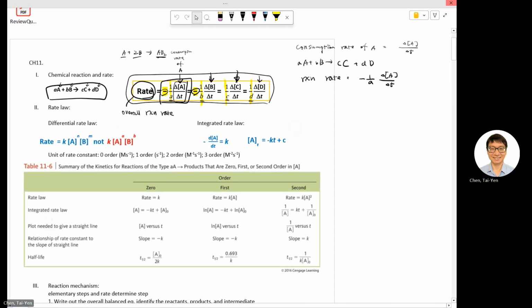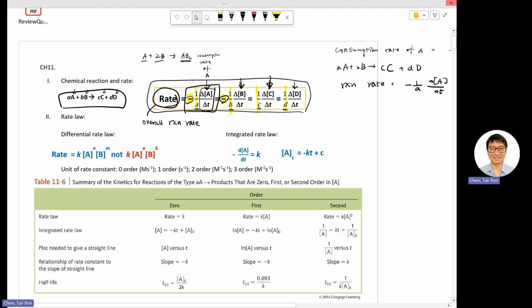So last week we talked about the reaction rate, right? We started by finding the rate, and what we want to know is how much change is happening for a specific quantity over a period of time. So your numerator will always be a concentration term in this case. For this chapter, we want to know how the concentration is changing over a period of time for a given chemical reaction.